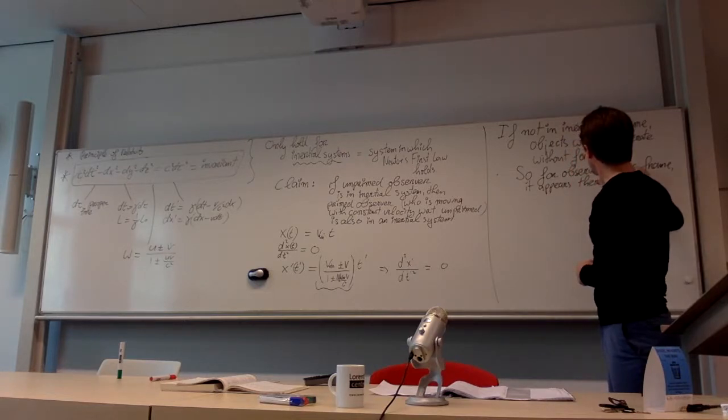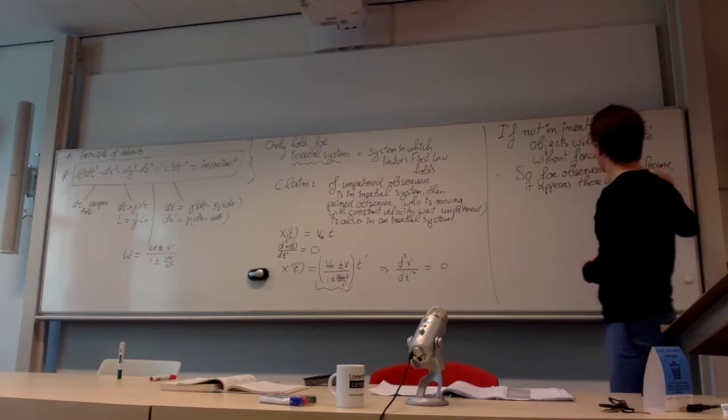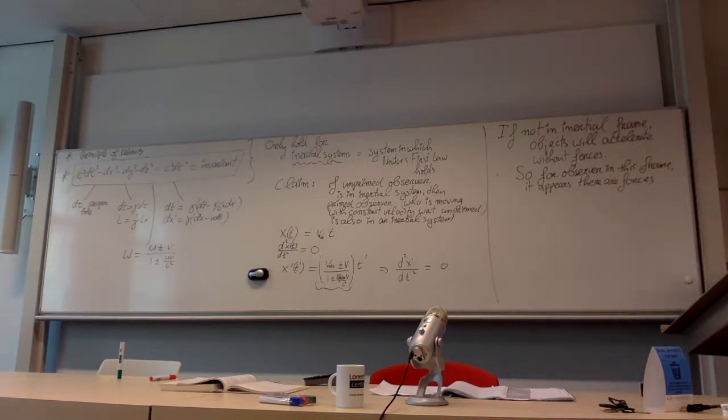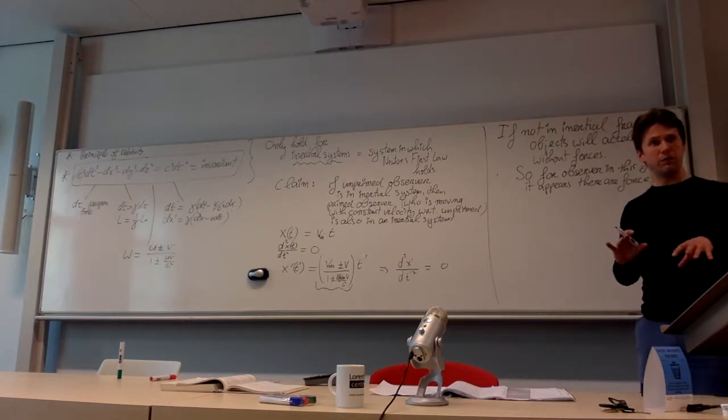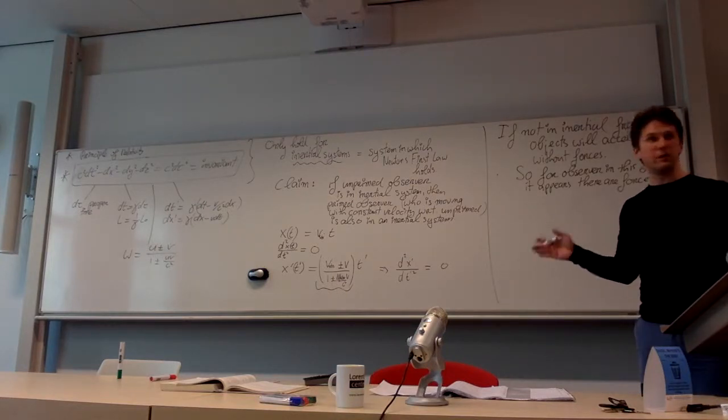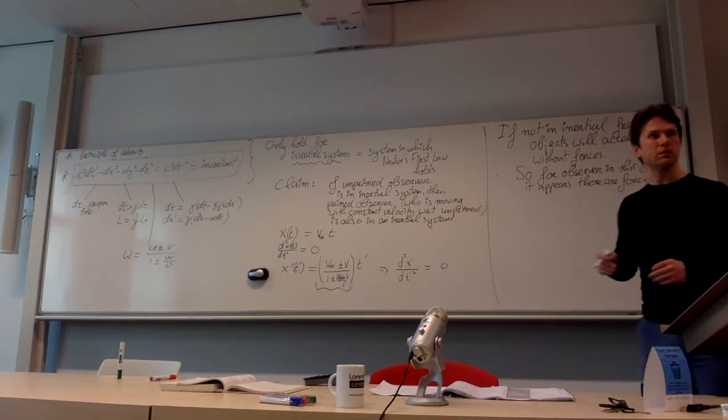This is what I'm writing down right now. So for observers in this frame, it appears there are forces. And again, we know there are no forces. It's just stuff trying to stay behind because Newton's laws tell them to.